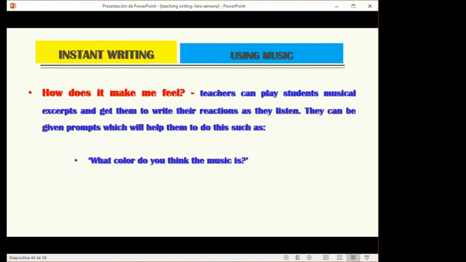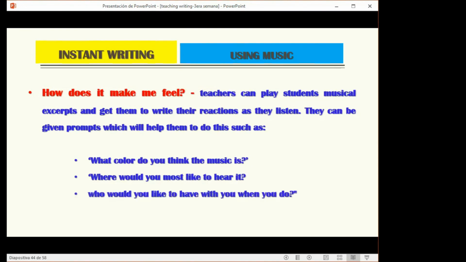Notice, I'm matching with the colors. Where would you most like to hear it? Where would you like to hear that kind of music? Who would you like to have with you when you listen to this music? Who would be your companion, your partner?